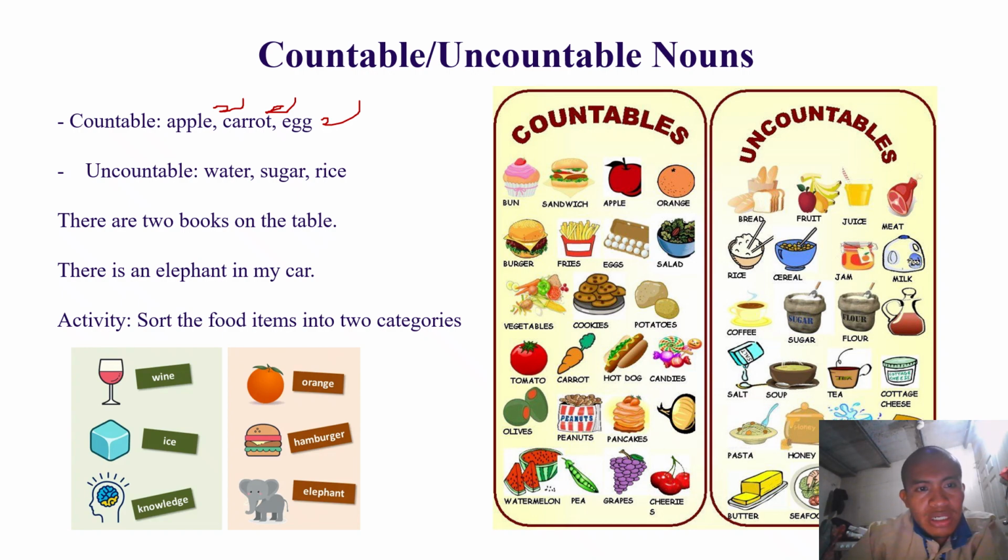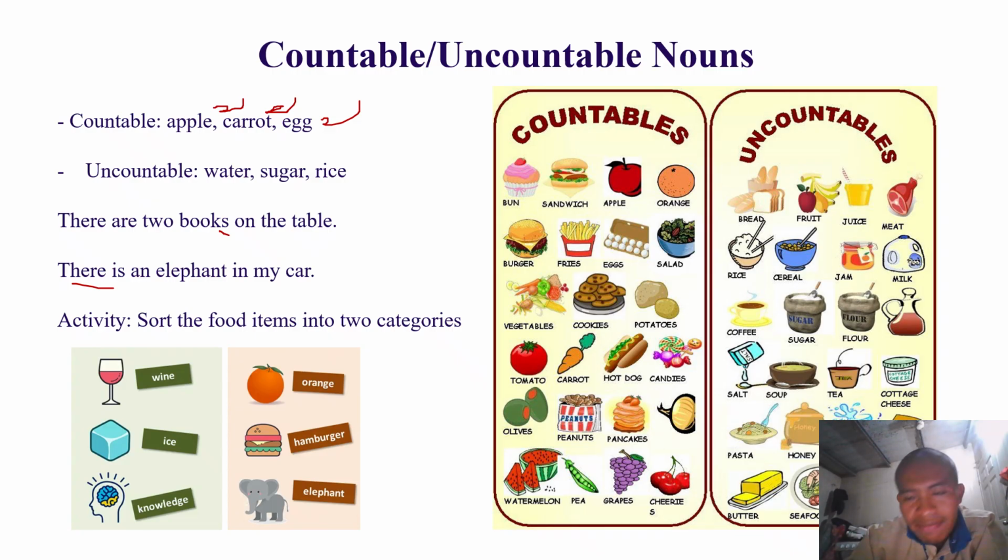In this sentence we read, there are two books on the table. The S is here because it means that there are more than one. We can count the books: one, two, three, four books, five. And here we find there is, to say that there is one thing that can be countable, but we are emphasizing that there is just one.